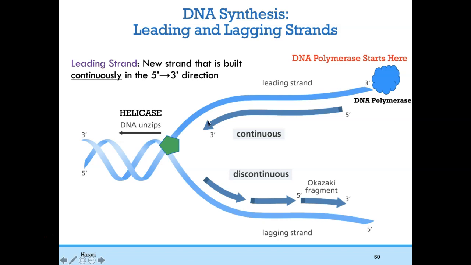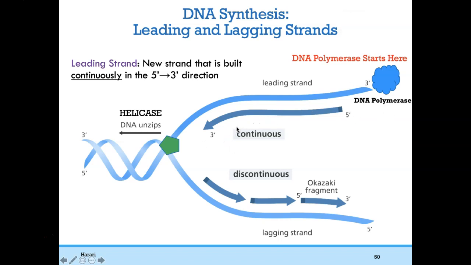So at this replication fork, we have DNA polymerase starting toward the 3' end, and it will start making new DNA 5' to 3' continuously in the same direction as helicase is unzipping. So helicase is going this way, it's going from right to left, it's unzipping, unzipping, and DNA polymerase can start at the 3' end of the template and start making new DNA 5' to 3'.